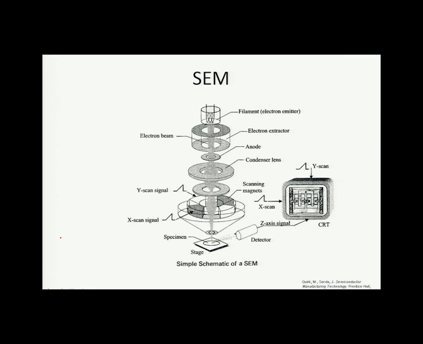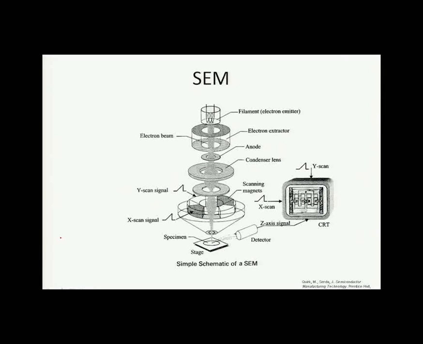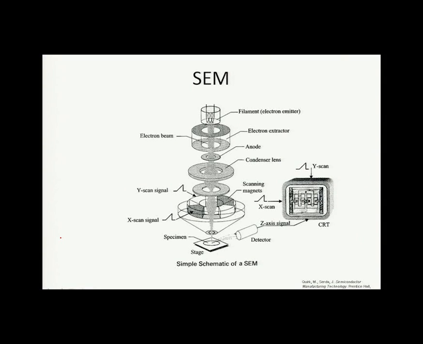So here's another diagram. At the top we see our filament. Again, that's the electron emitter. In the middle we see our electron beam. Then we see an anode, which is actually used to accelerate the electron beam. A condenser lens, which was shown as a collimating lens in the last diagram.